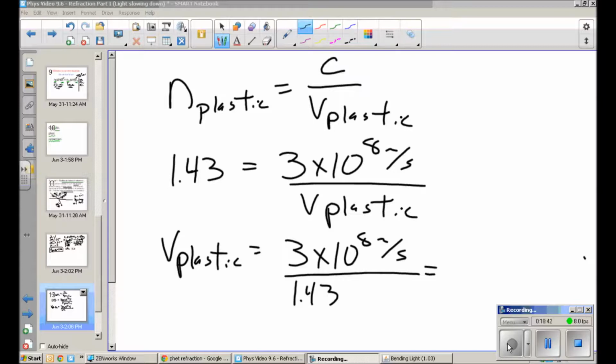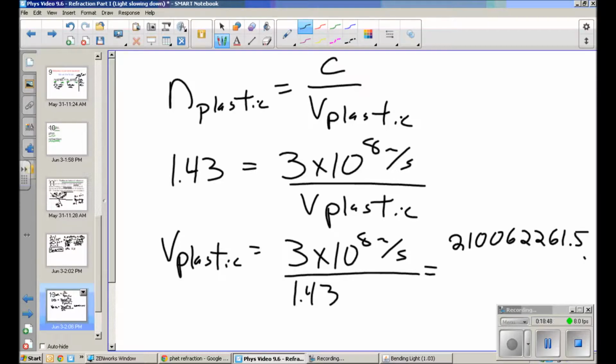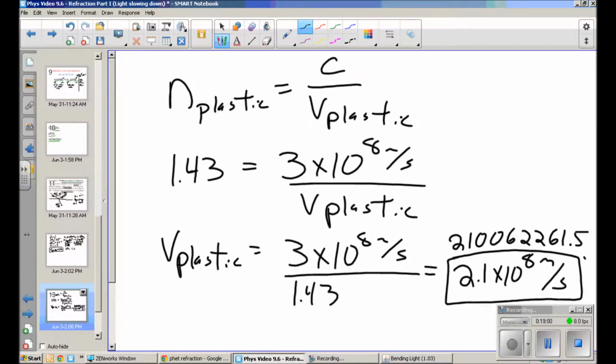So in your calculator, it's going to give you 210062261.5 or something like that. But if you convert that into scientific notation, it gives you 2.1 times 10 to the 8th meters per second, which is the speed of light in the plastic. All right, if you need help converting to scientific notation, let me know.